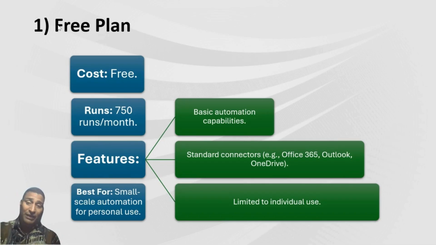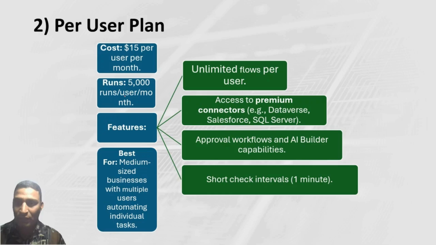Whereas in a free license, we can execute only 750 runs, as you can see on the screen. In the per user plan, we can run up to 5,000 runs per user per month.